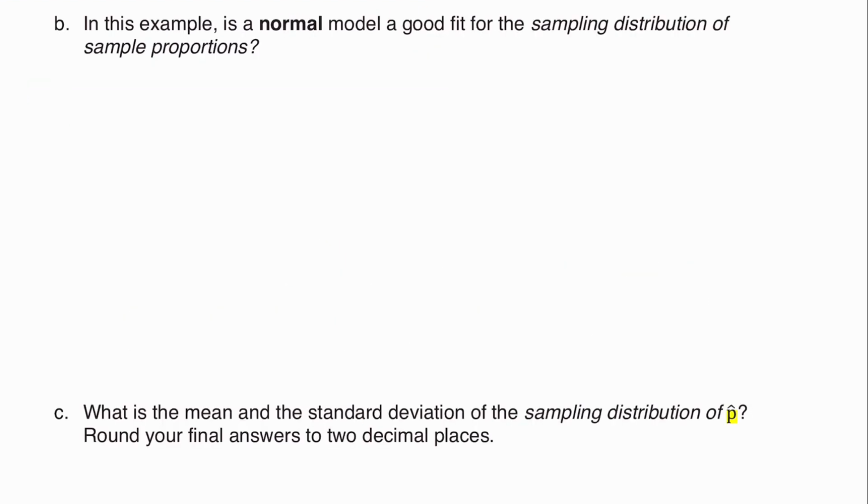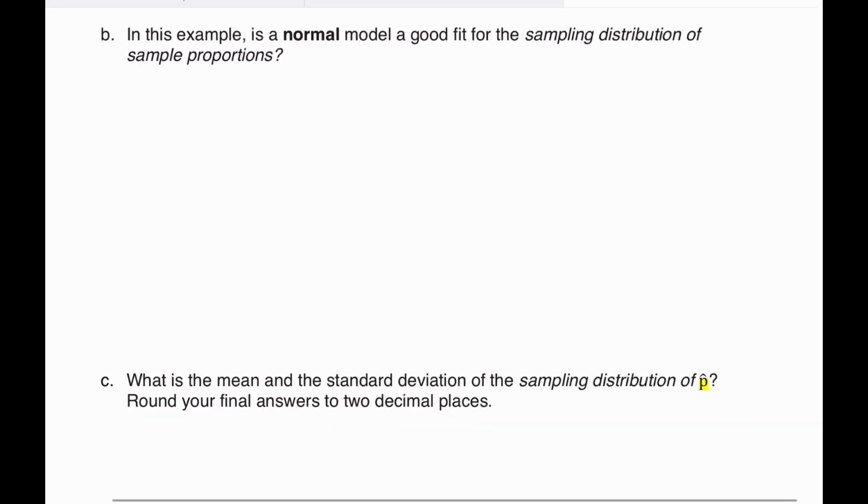So here's our second question. In this example, is a normal model a good fit for the sampling distribution of sample proportions? So in other words, are the sample proportions normally distributed? And the quick check for that is we just check, is the sample size times the population proportion, np, greater than 10?